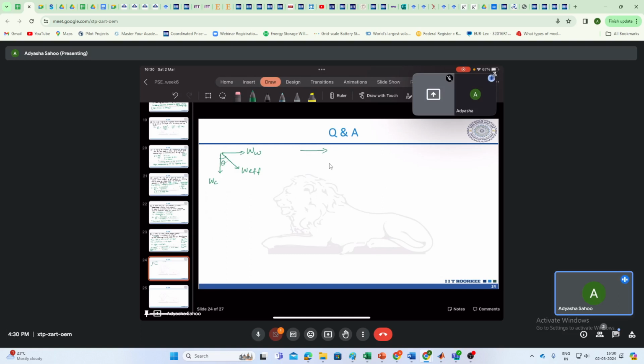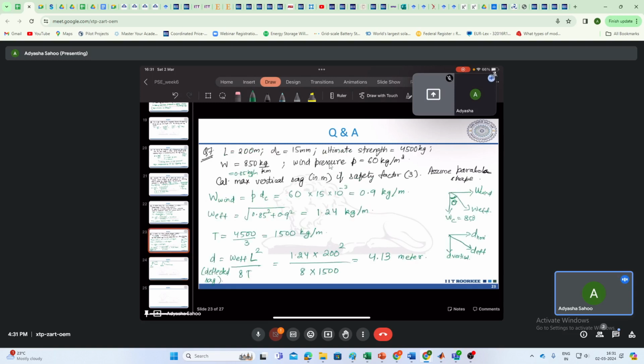So this will be your D horizontal, D vertical, and D effective or deflected sag, which we calculated as 4.13. And weight of conductor was 0.85. Effective was 1.24.